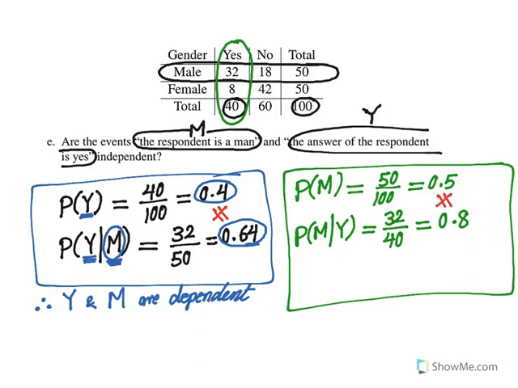And so the fact that the person answered yes affected the probability of male. The probability of male originally was 0.5. But when we assumed that the answer was yes, the probability became higher, 0.8. So the same thing here, you can say therefore the event male and the event of answering yes are not independent.